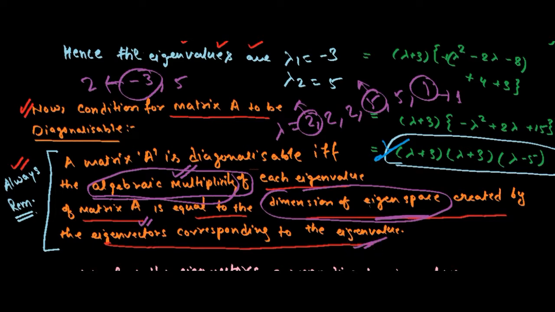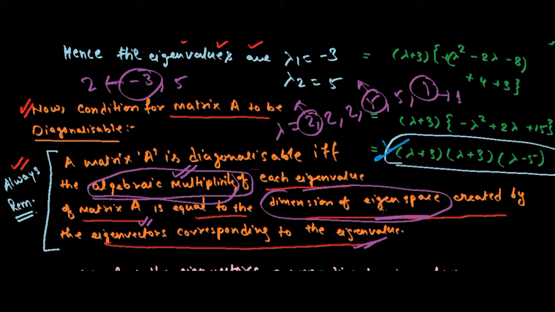It is not necessary that if we have two distinct eigenvalues, then we will have two eigenvectors. If the multiplicity of one eigenvalue is more than 1, then we can have multiple eigenvectors for that eigenvalue. In our case, we'll see that for minus 3 we have two linearly independent eigenvectors, which form the basis of the eigenspace.